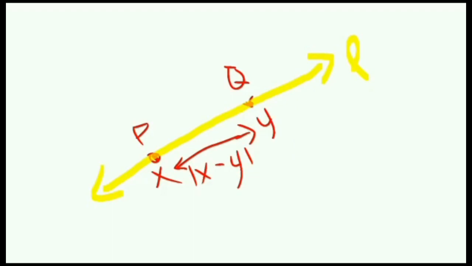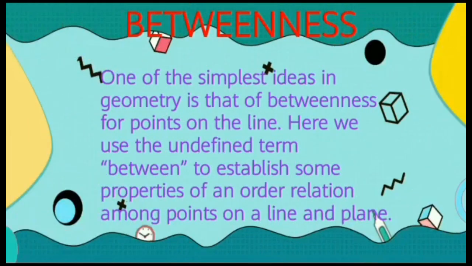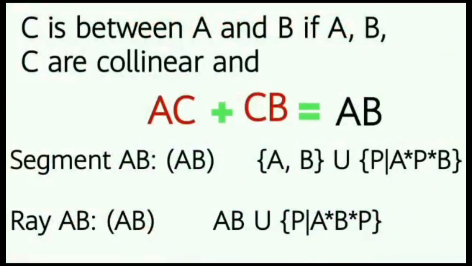Okay, continue. So we're going to move to the topic betweenness. One of the simplest ideas in geometry is that of betweenness for points on a line. Here we use the undefined term between to establish some properties of an order relation among points on a line and plane. So C is between A and B if A, B, and C are collinear and AC plus CB is equal to AB.